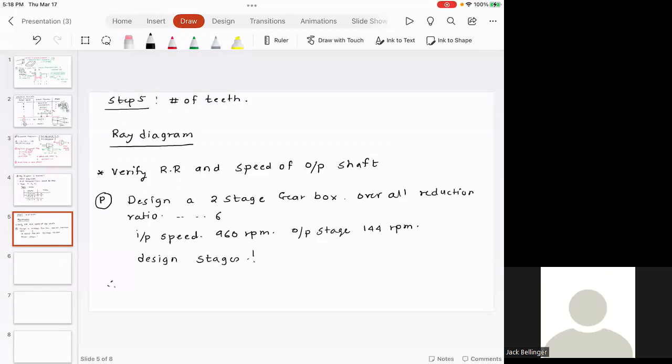Step 1, based on the input speed and output speed, you want to find the overall reduction ratio. And if the overall reduction ratio is 6, since it's a two-stage gearbox, you can say it will be 3 times 2. It's always a good idea to have a higher reduction in the first stage and lower reduction in the second stage.